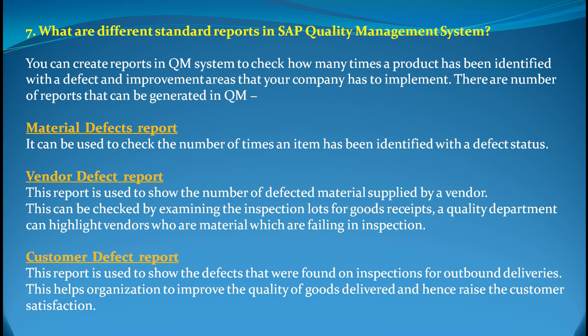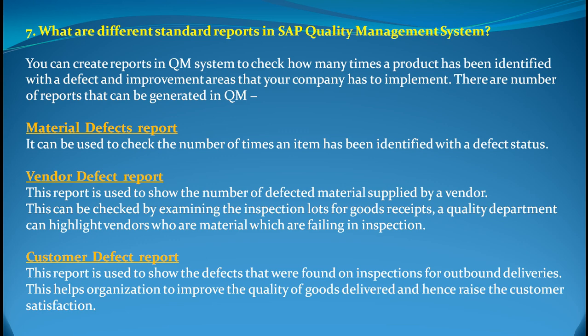Talking of material defect report, this is basically used to check the number of times an item has been identified with a defect status. It could be 1 or it could be n. The second is vendor defect report. Now this report is used to show the number of defected material supplied by a vendor. If he's supplying 1,000 items, then you would be seeing how many items are defected in this supply lot. And this can be checked by examining the inspection lot of goods receipt, right?